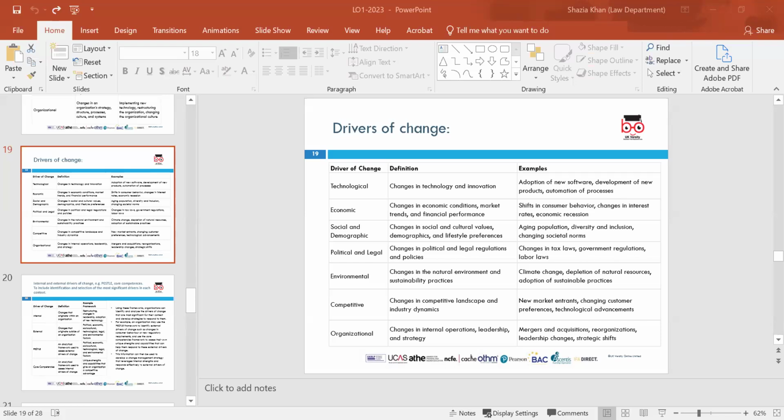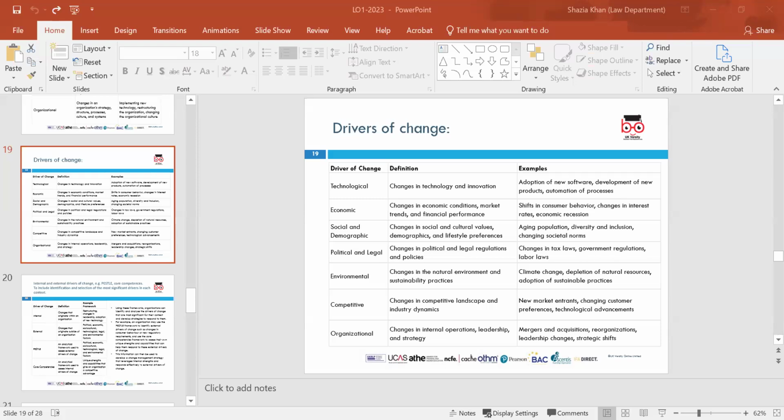And there's a need for these changes to come about because there are different changes and different drivers. The other one is competitive. That's a big element of change because competition is a big thing. It could be external competition, other organizations trying to compete with your product.